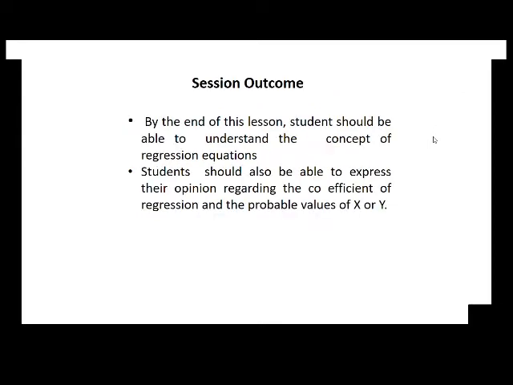Session outcome: by the end of this lesson, students should be able to understand the concept of regression equations, and express their opinion regarding the coefficient of regression and the probable values of x or y, that means x on y and y on x.